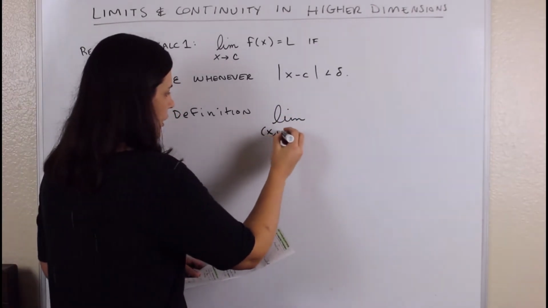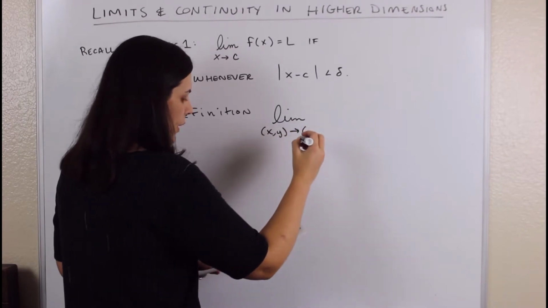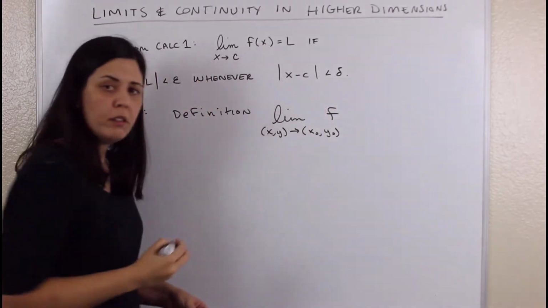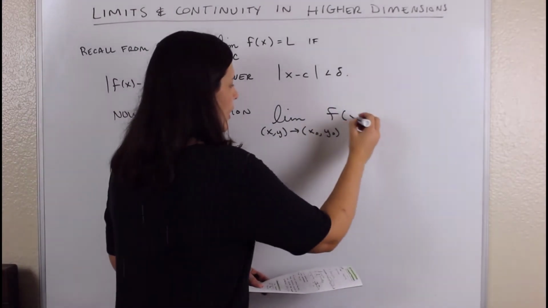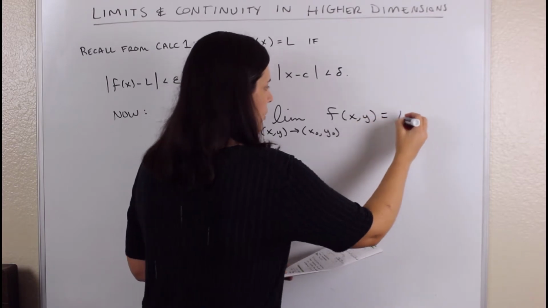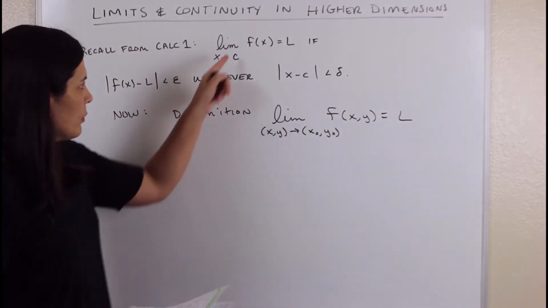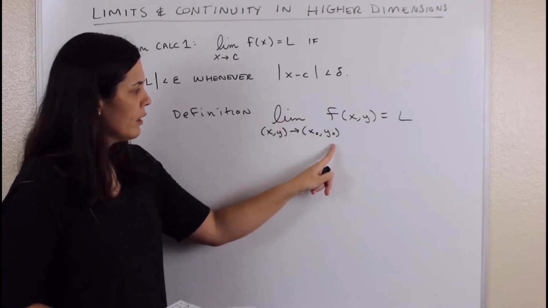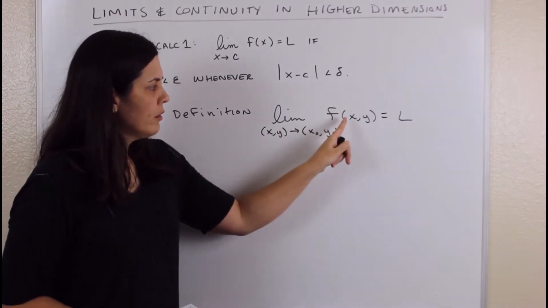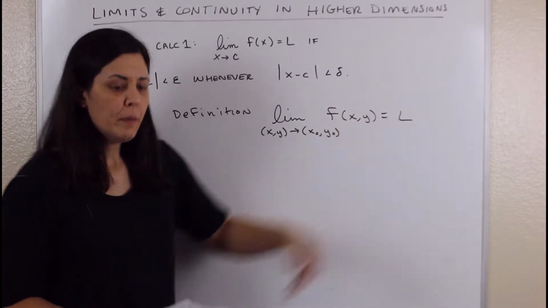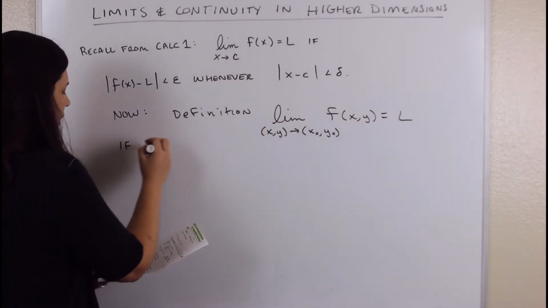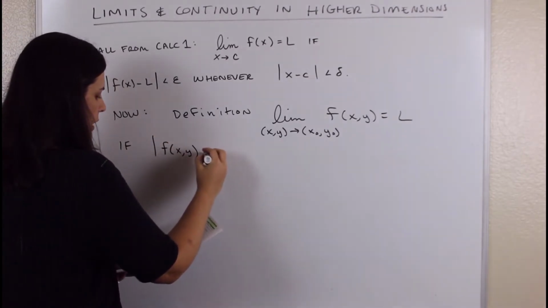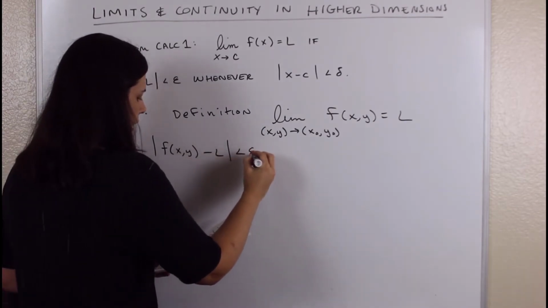So as x comma y approaches some point x naught comma y naught of our function that now depends on two variables, x comma y, equals L. Going from single variable to multivariable, the limit has this value if the absolute value, or the distance, between f of x comma y and L is less than epsilon.